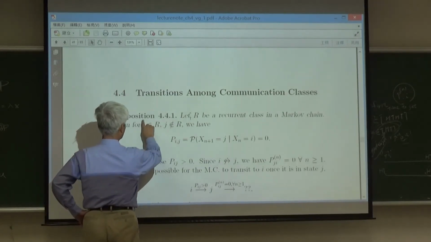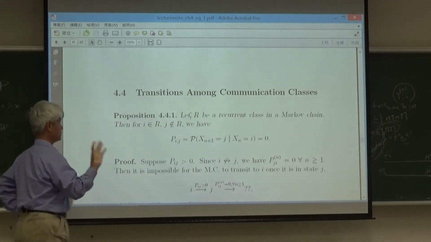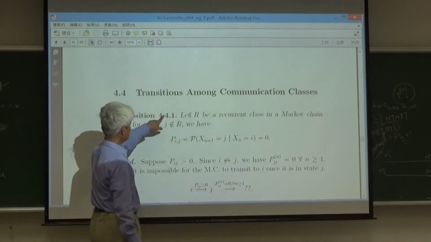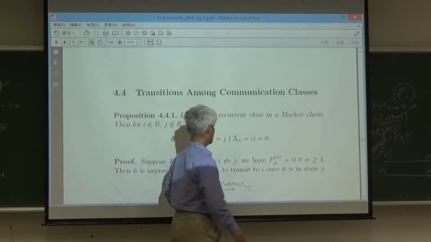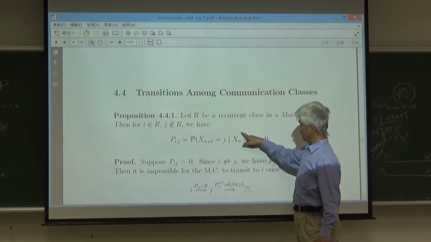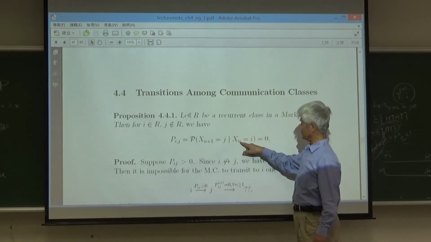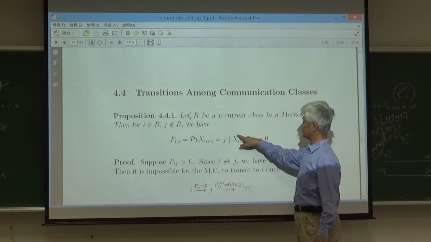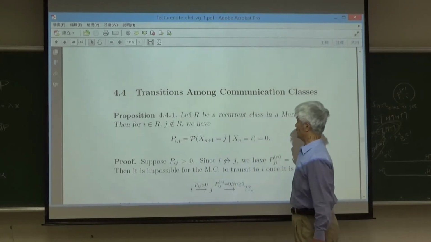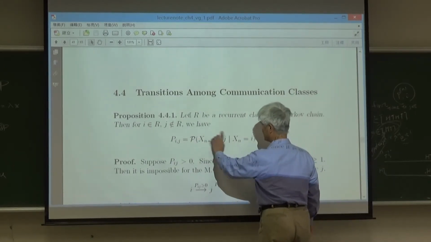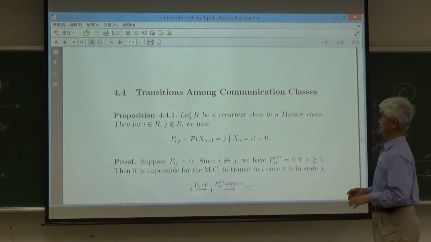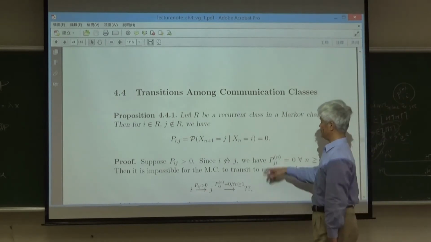The point is that i and j are in different communication classes, but i is in the recurrent class. This is the one-step transition probability from state i to state j, and we claim that it is 0.